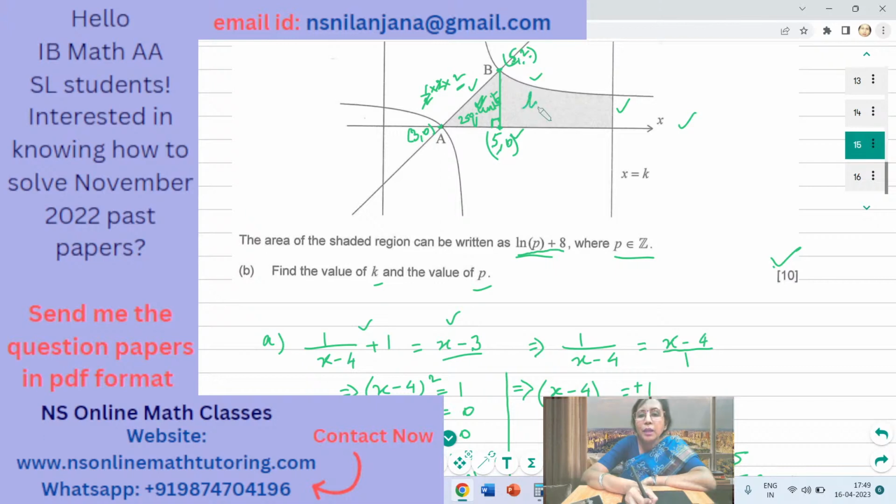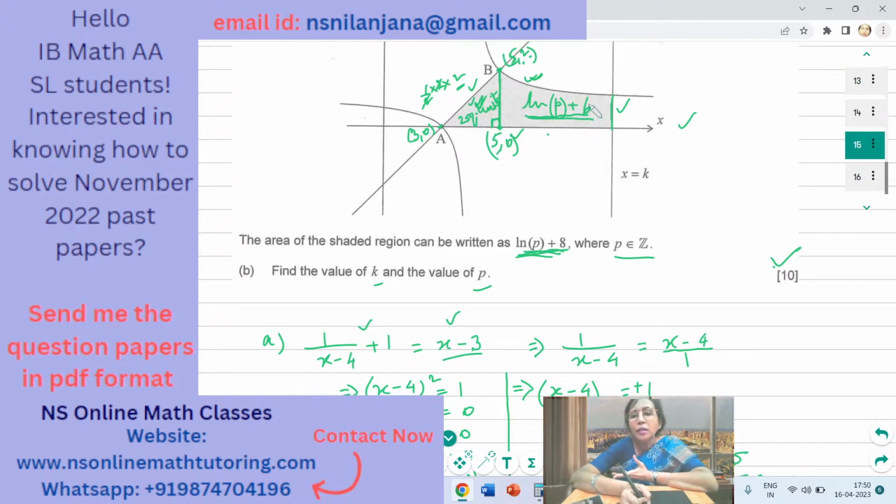Okay. So what will be the area of this remaining part? It has to be ln of p plus 6, because the entire thing is ln of p plus 8, and this part is 2 square units. So this part has to be ln of p plus 6 square units. And this is bounded by this curve f of x and this x-axis and the line x equal to 5 and the line x equal to k. So we will be integrating.